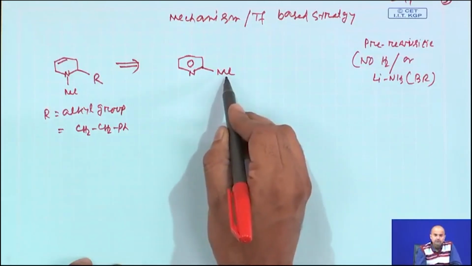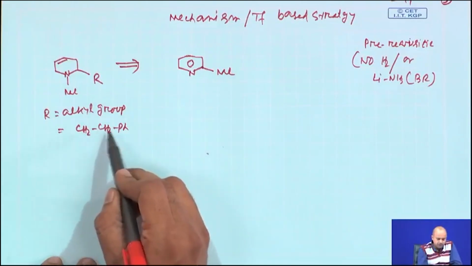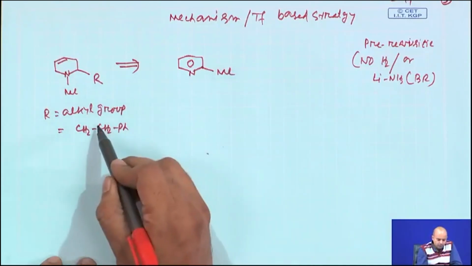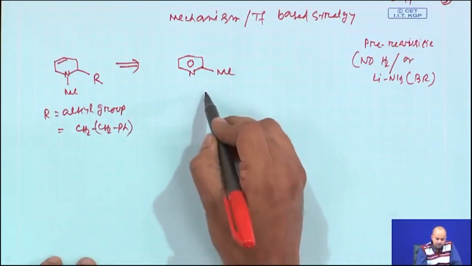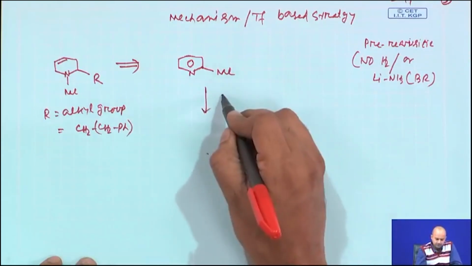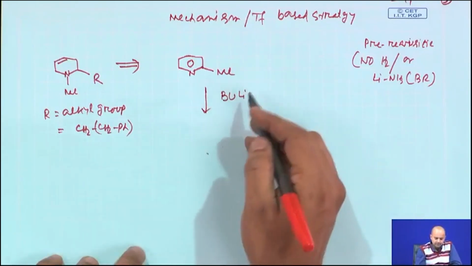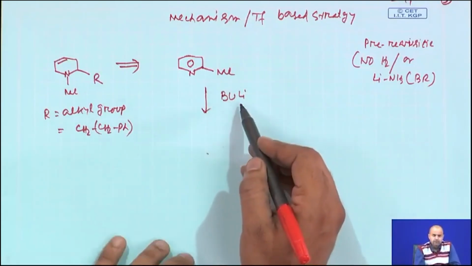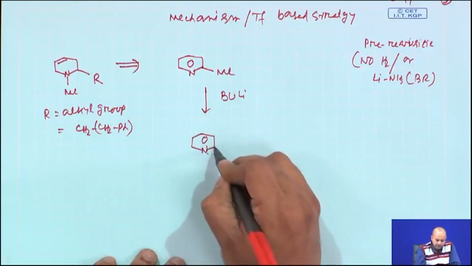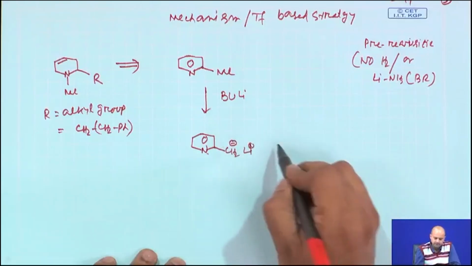Eventually, the starting material was given this, and the R group, probably a CH2Ph, means that somehow you need to add an extra CH2Ph group. Now, substituted pyridines are very good reagents, and they can easily react with a base like butyl lithium, and eventually you can generate this CH2 minus Li plus very easily.